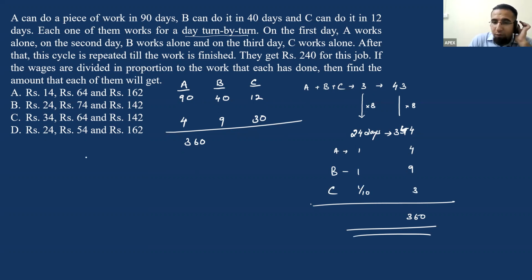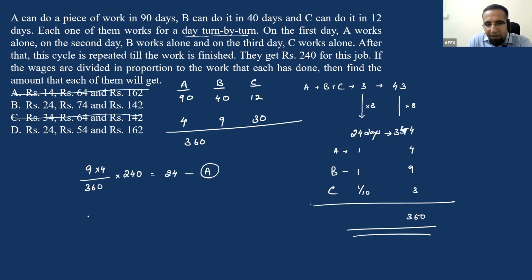Clear, guys? So how many days did A work for? A worked for 8 plus 1, 9 days. So total work done by A is 9 into 4, 36 out of 360. And the amount given is 240, which means A gets how much, guys? 24 rupees. So option A goes for a toss. Option C also goes for a toss. Now B also worked for 9 days. So B did 9 into 9, that is 81, divided by 360 into 240.